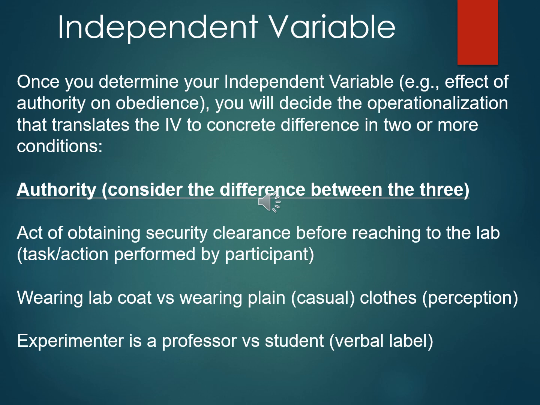Number two, wearing a lab coat versus wearing plain clothes. Or number three, the experimenter is identified as a professor, or the experimenter is identified as a student. So these three different kinds of manipulation of the same independent variable are possible.